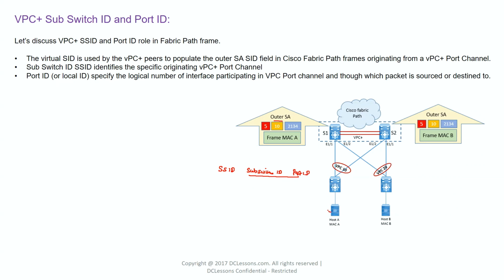Let's suppose host A is sending a packet. This is your classical Ethernet, and let's suppose the traffic reaches here, and this is your switch ID 5.